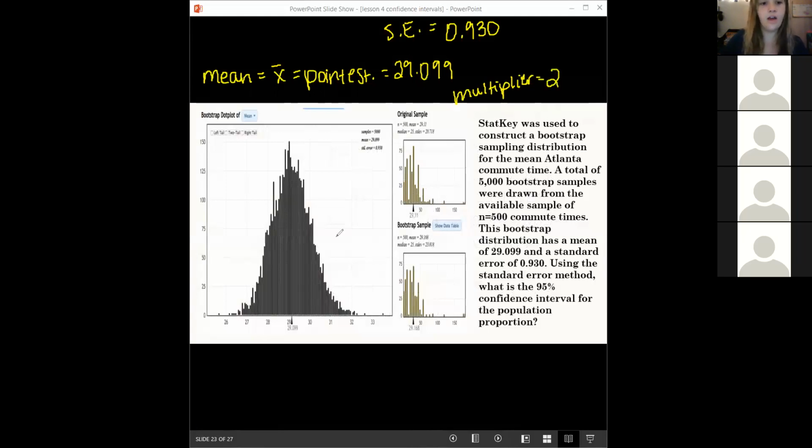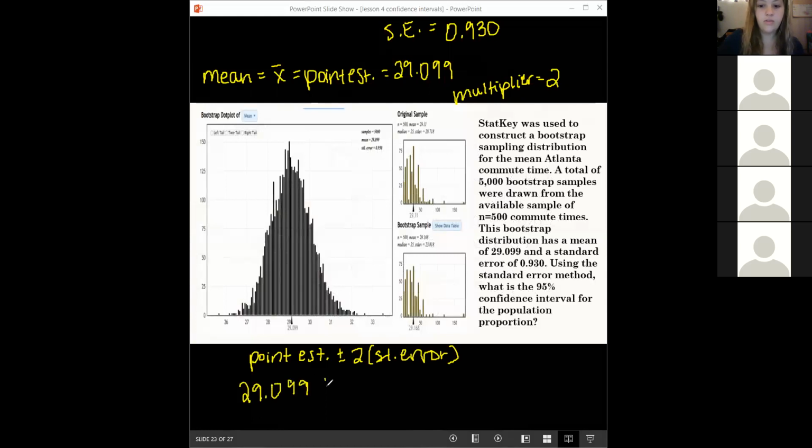So utilizing all that information, we can plug that into our equation. Remember, point estimate plus or minus 2 times our standard error. So if we plug all that in, we have 29.099 plus or minus 2 times 0.930.